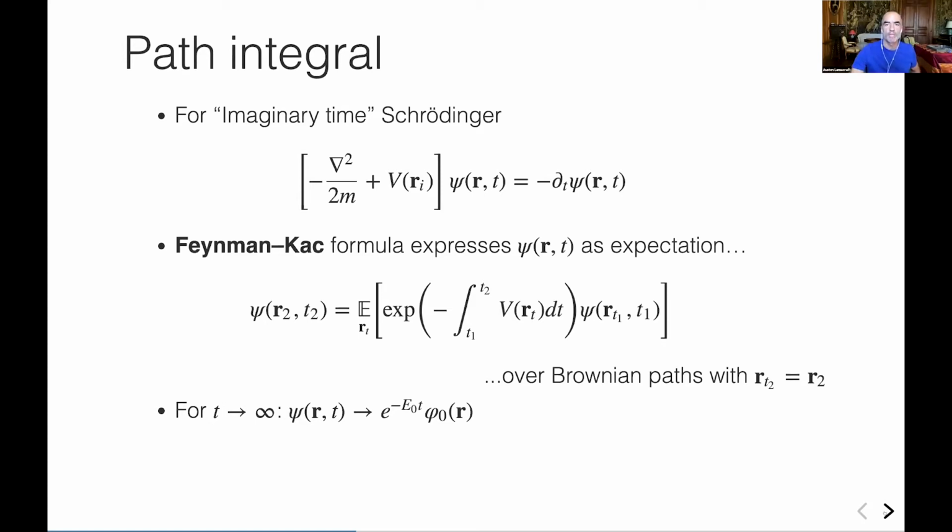And as you can see, what appears there is an exponential weight, which involves the potential energy. And the consequence of this is that regions of repulsive potential, where V is positive, are going to be penalized by this exponential weight, and regions of attractive potential are going to be encouraged. So this re-weights the ensemble of trajectories.